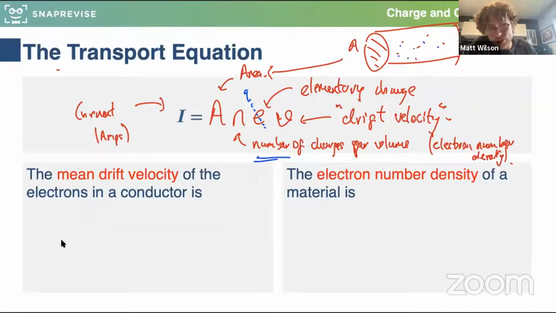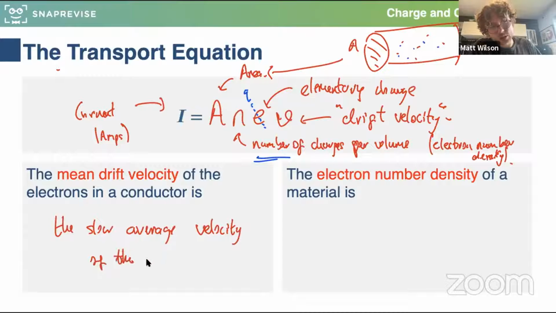This mean drift velocity, as we were saying before, this thing is the slow average velocity of the electrons, or in general of the charge carriers. Good.